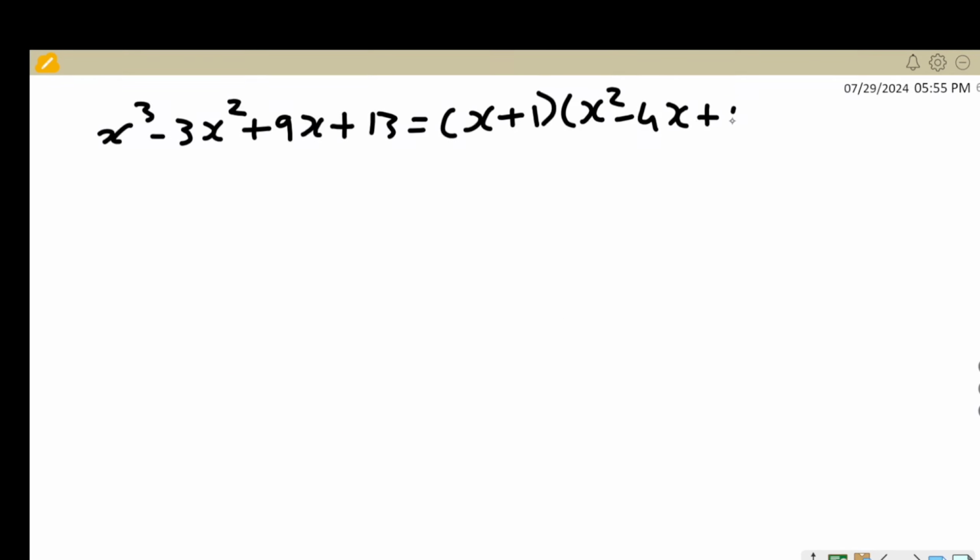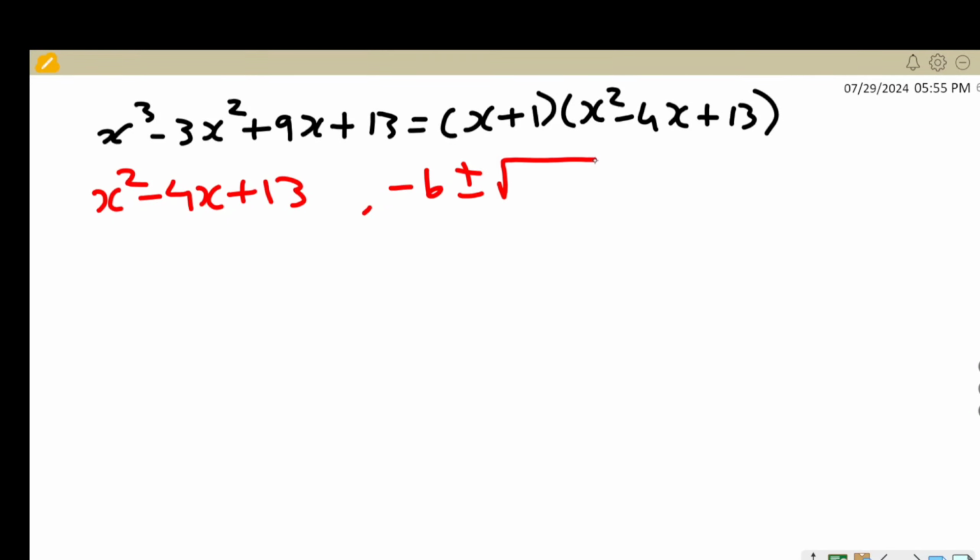We can factorize x cube minus 3x square plus 9x plus 13 as x plus 1 times x square minus 4x plus 13. You can check with 13 and negative 13. They are not the zeros of the polynomial x cube minus 3x square plus 9x plus 13.